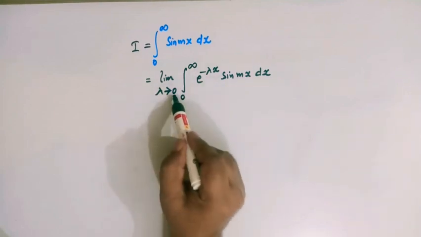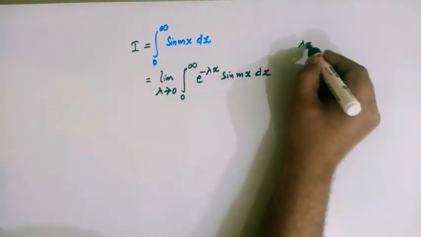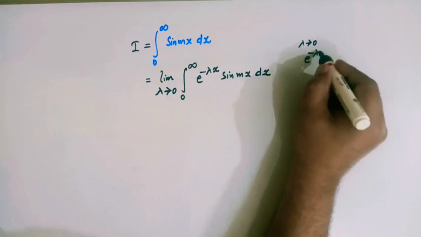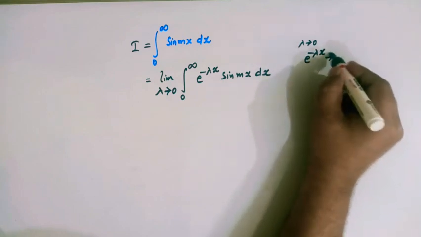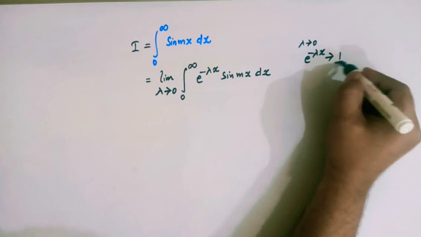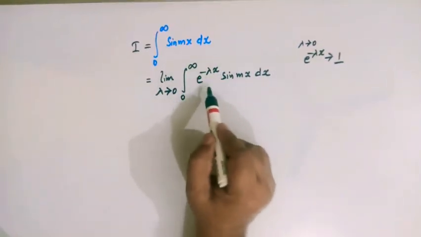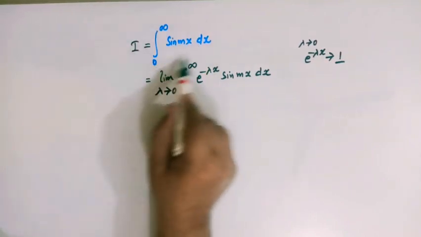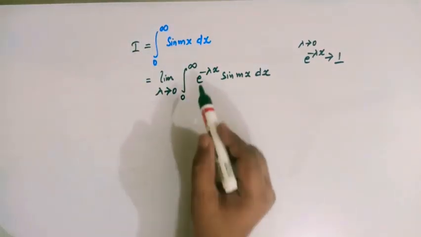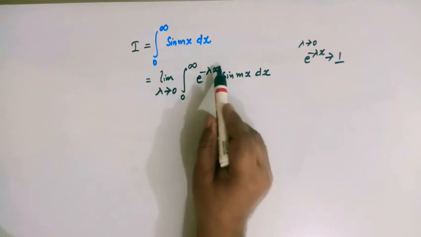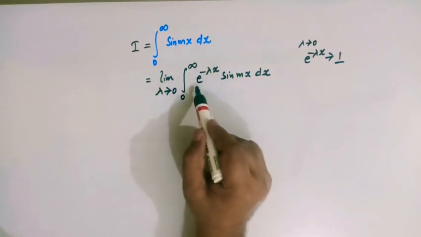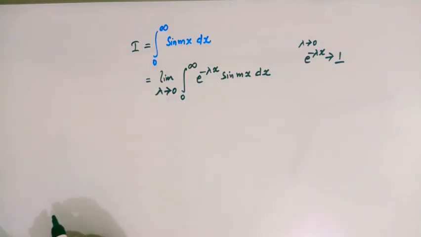When lambda tends to 0, e raised to minus lambda x obviously tends to 1, and this integral reduces to our original integral, right? So we have introduced this extra factor e raised to minus lambda x.